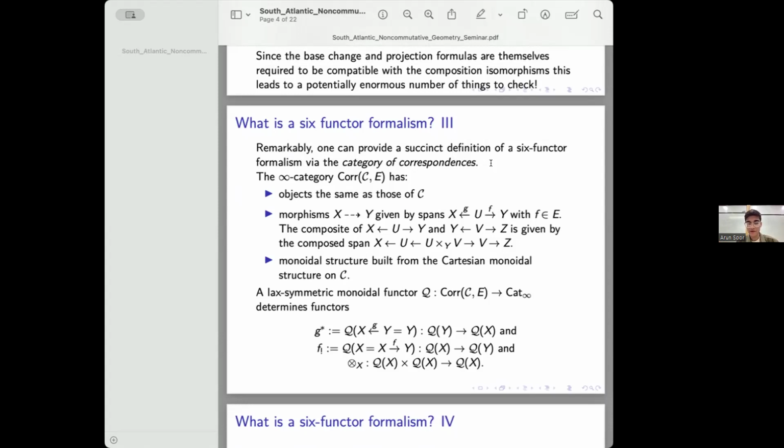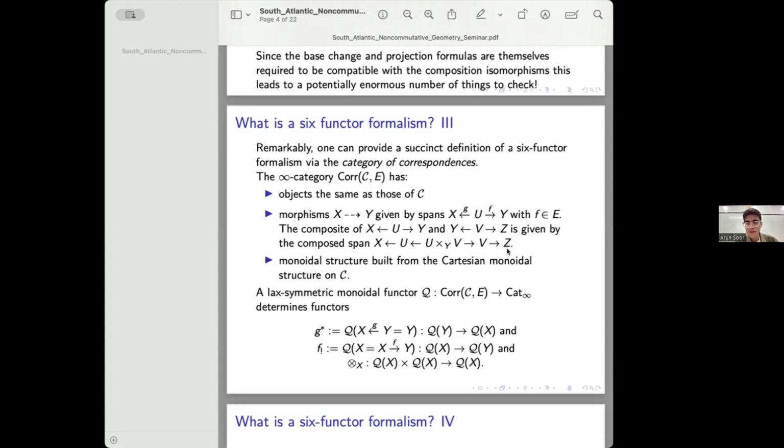And how do you compose those morphisms? If I have one span like this, that's a morphism from X to Y, and I have another span, a morphism in the category of correspondences from Y to Z, the way in which you compose these is you take the fiber product of U and V over Y, so that goes in the middle. That admits maps to U and V, and then U maps to X and V maps to Z. So the composition is given by this composed correspondence.